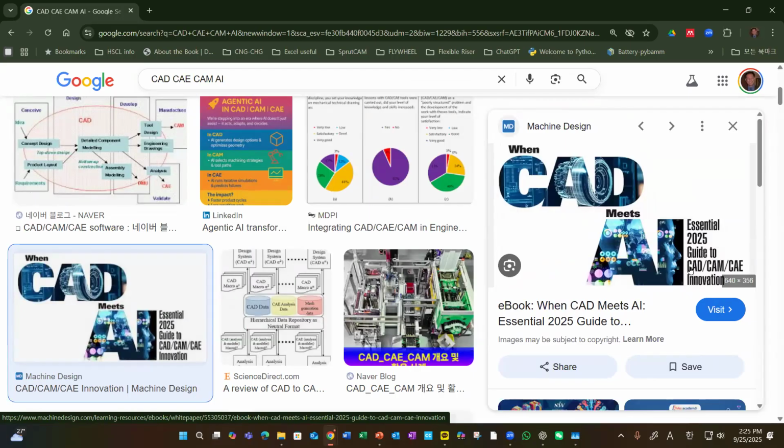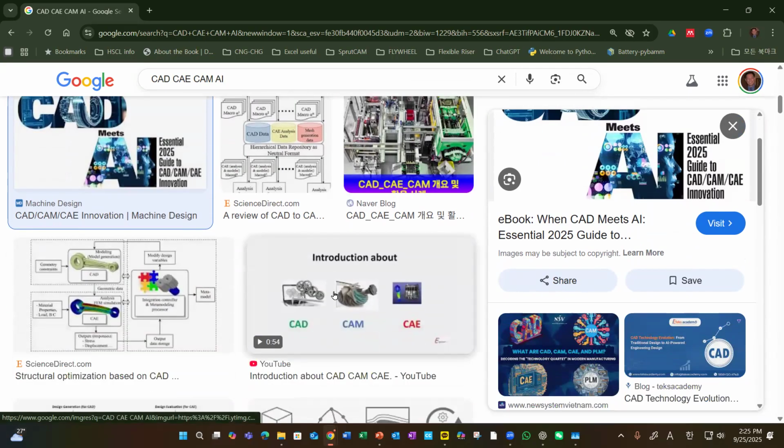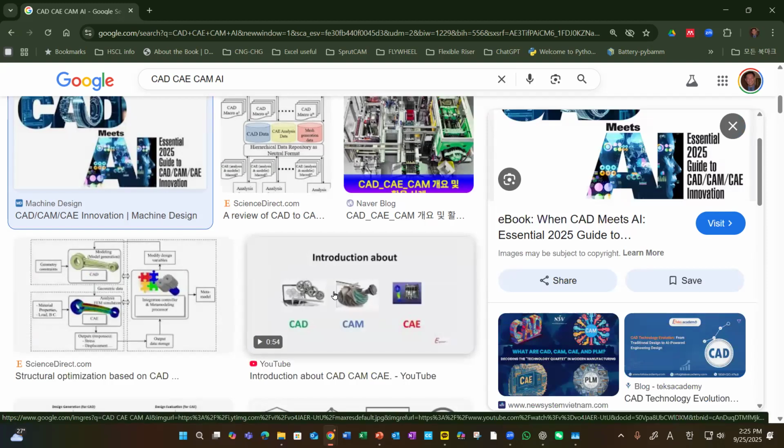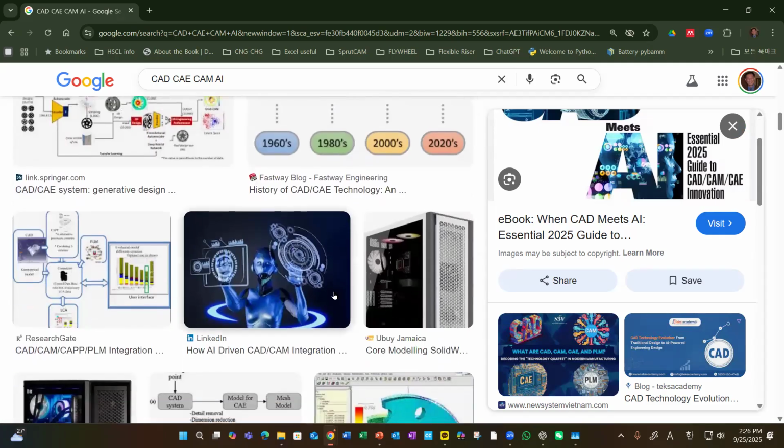Essential guide to CAD, CAM, CAE. So AI is very exciting, but you guys have to learn to compete with the AI, and then to get along with the AI.